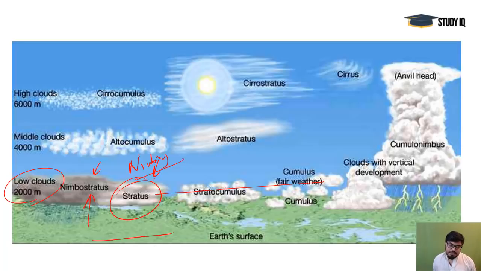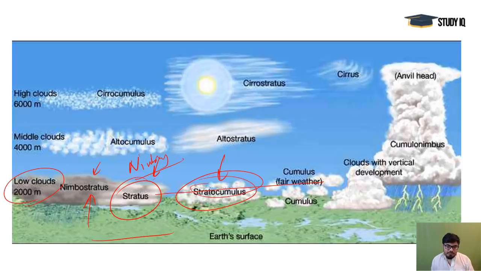Nimbostratus brings rains. If these are in the form of cumuls, the cotton-like cumulus as we all know, and are mixed with clouds spread like a sheet, then these will be called stratocumulus. If they are lighter, they will not bring any rain.